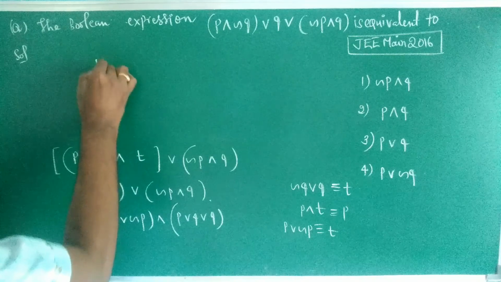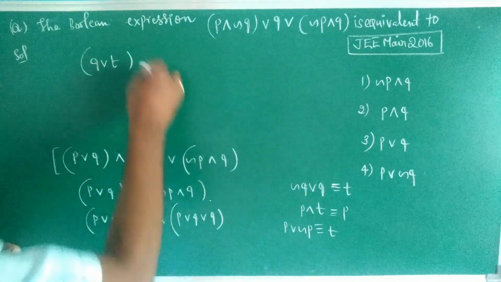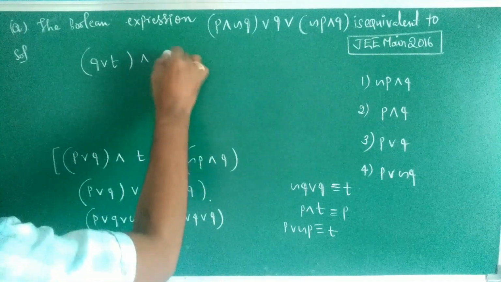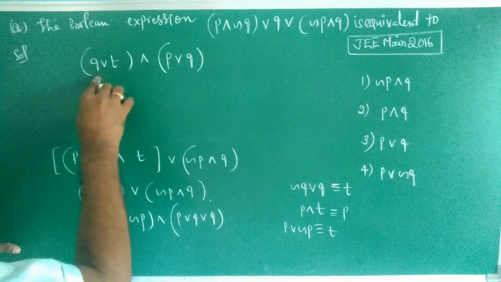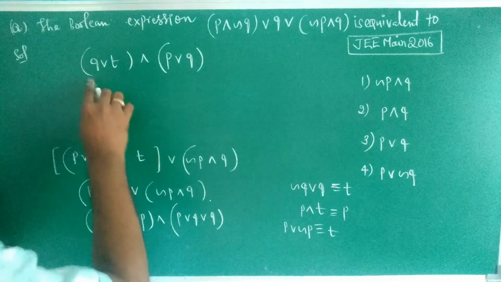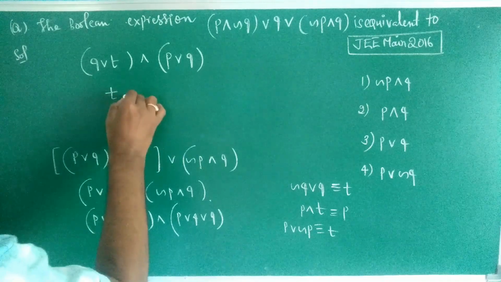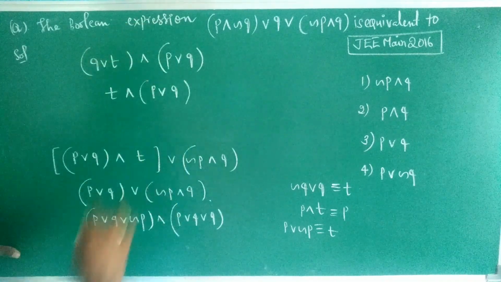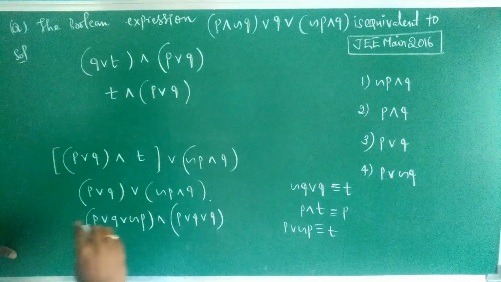Now Q or T, and (P or Q). Now Q or T means that value is T. That value is equal to T, and (P or Q).